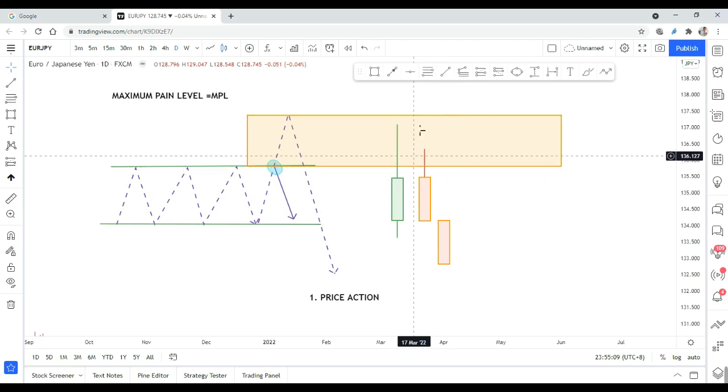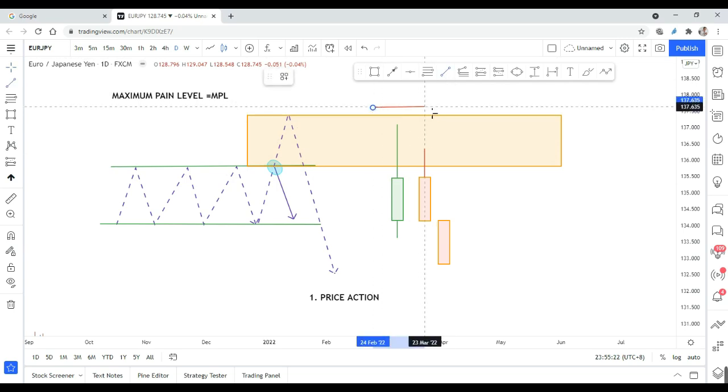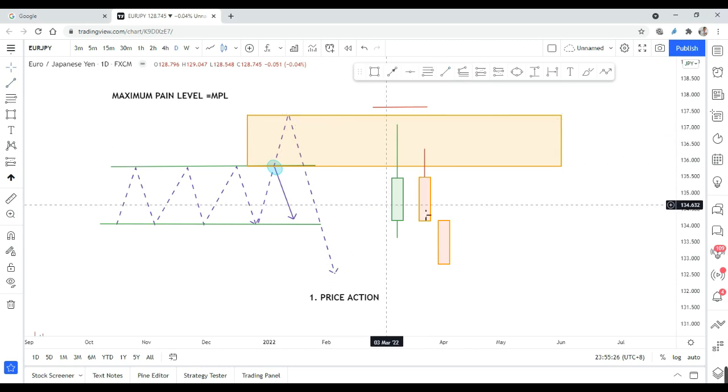Over here, this kind of trade depends on which time frame you are looking at. The higher the time frame, the bigger the stop loss, because your stop loss has to be placed above the zone. So this is the second type of confirmation, where you have to wait for the candle to close below. It does not matter where the wick is.